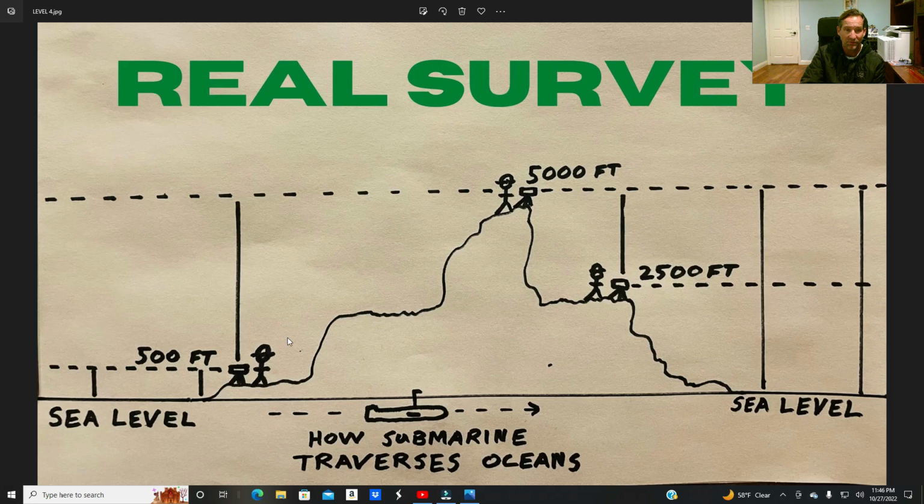Same thing with this guy over here. You can measure this direction to the east coast, or this way to the west coast. You can drop down and find this guy's marker at 500 feet, or you can come all the way out and get back to sea level, which is the same exact level as the other seashore.